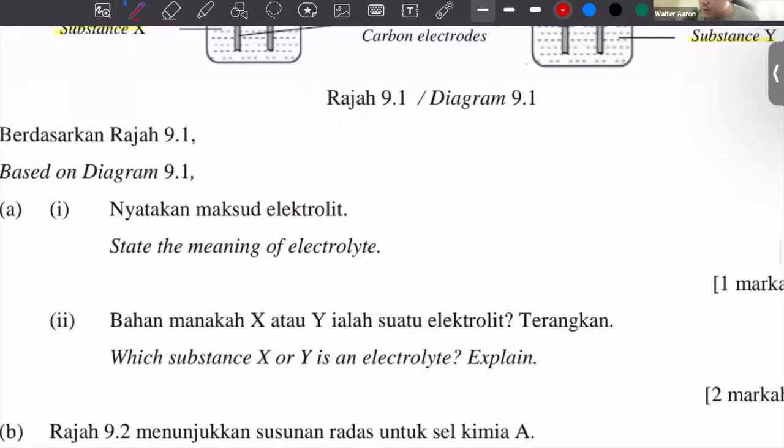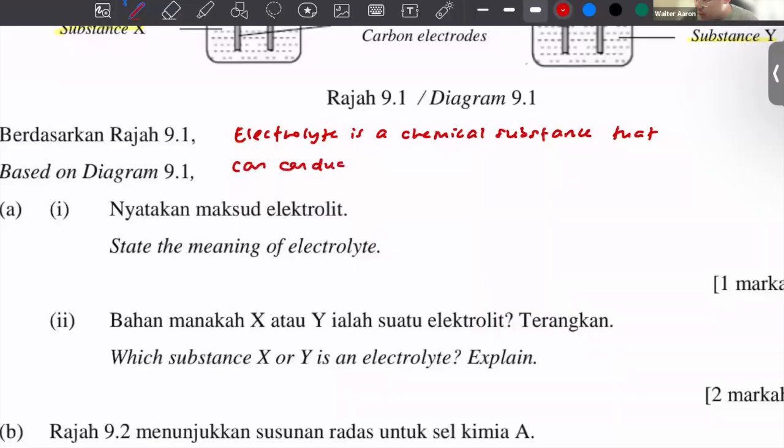So for this particular part, you can just say here, an electrolyte is a chemical substance that can conduct electricity in a molten state or aqueous solution.